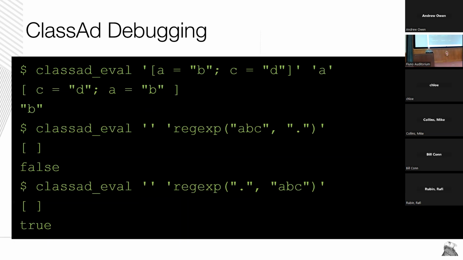Those of you who drink too much Mountain Dew probably write very elaborate classad expressions, which means they need to be debugged. And classad eval is a command line tool where you give it a classad and an expression, and it evaluates that expression in the context of that classad. This is super helpful if you're someone like me who can never remember if the regular expression function is spelled with a P or not.